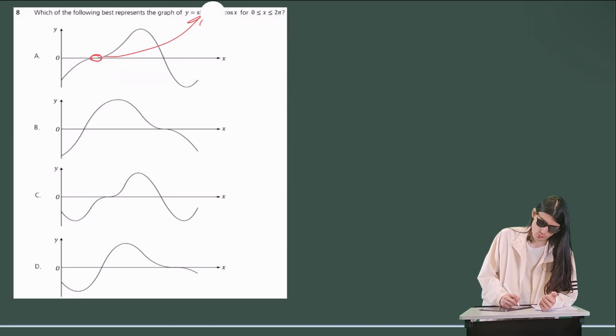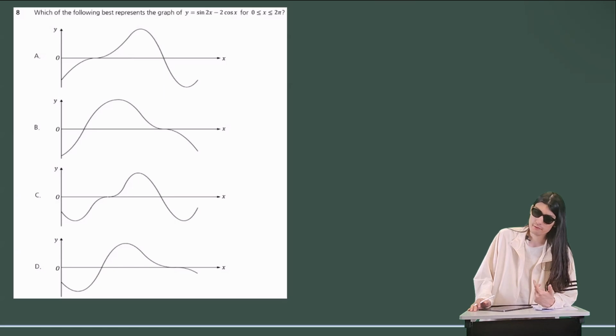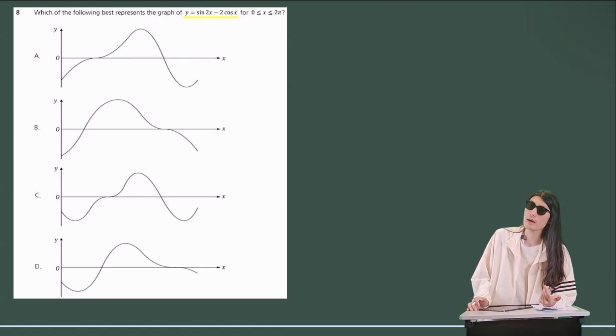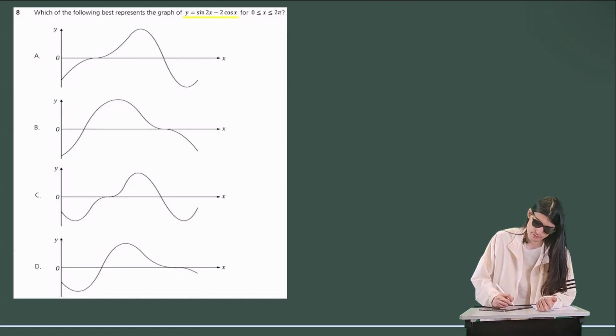Okay, so in this case, what I will do is I will actually just figure out, from the equation of the trig function given, the shape of its graph using calculus. So that is y dash is equal to that.